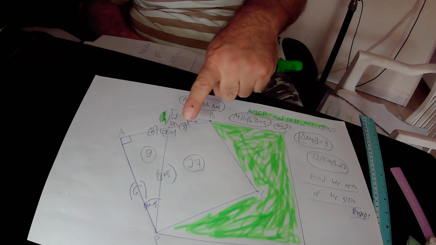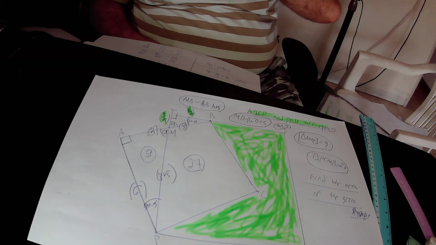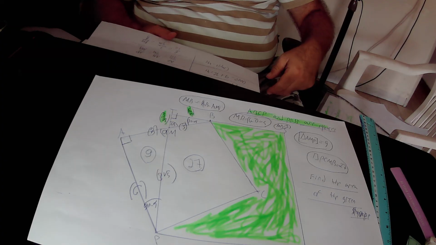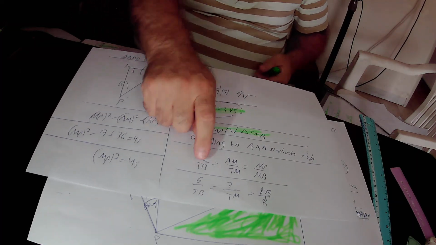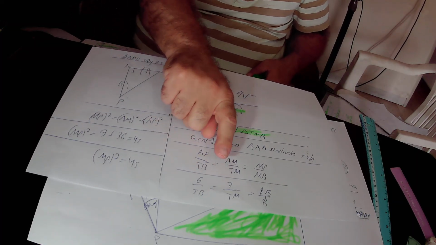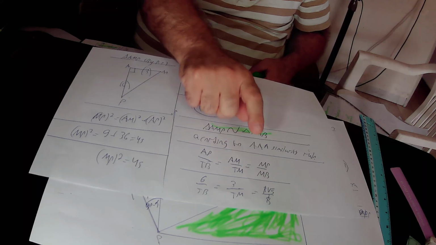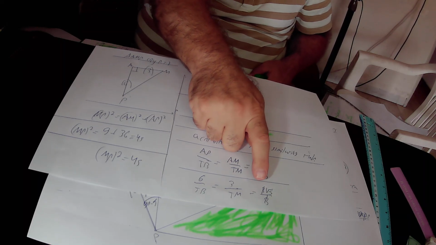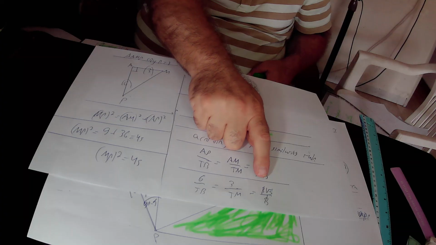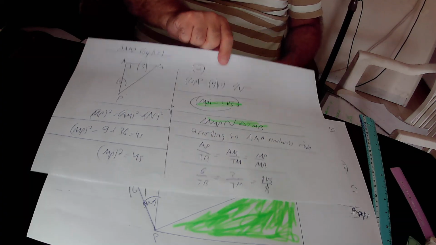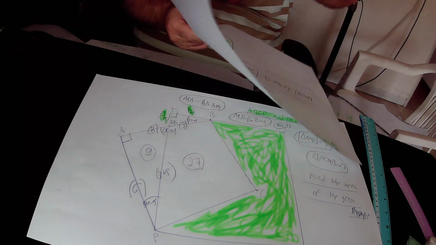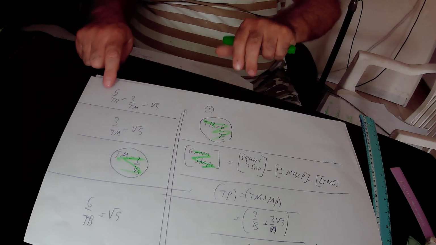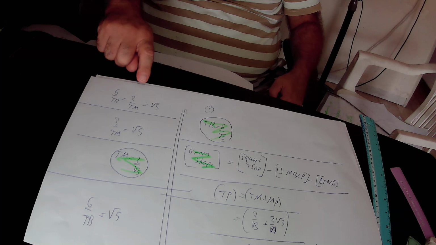MP is 3 times the square root of 5, over MB, which is 3. So in total, 6 over TB equals 3 over TM equals 3 times the square root of 5 over 3. We have 3 in the numerator and 3 in the denominator, so the 3s get cancelled, leaving only the square root of 5. So 6 over TB equals 3 over TM equals the square root of 5.